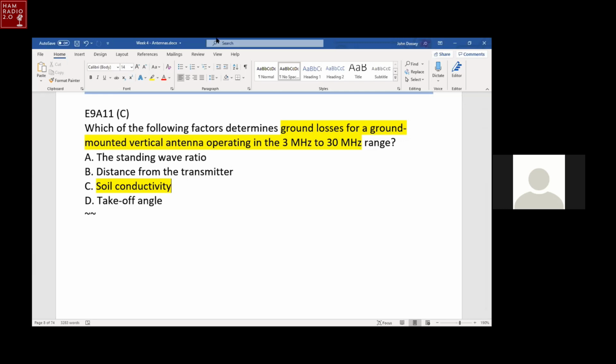Hugh, will you put my email address in the chat window? Yes, I think so. Kilo 5 Golf Delta at ARRL.net. Oh, I think I saw that. I did see that somewhere. I'll look for it in a minute. Yeah, that was on the introductory screen or information share that I had up during lunch and before class. So, Kilo 5 Golf Delta.